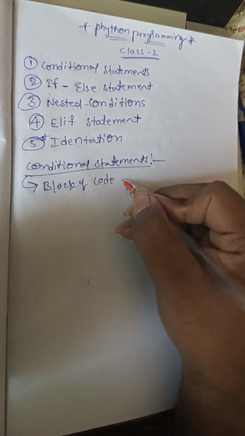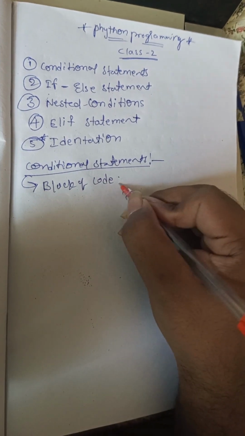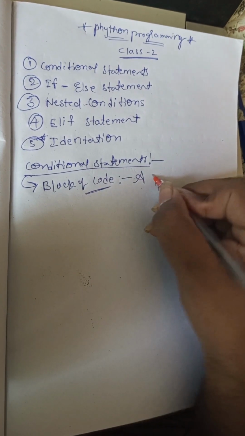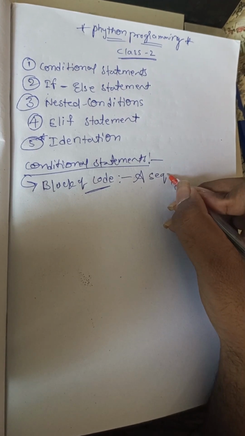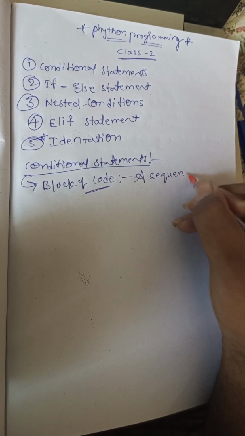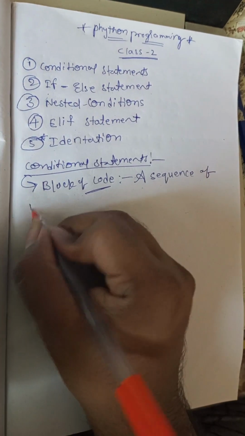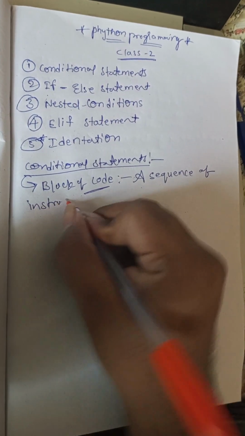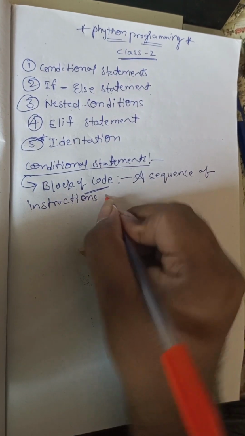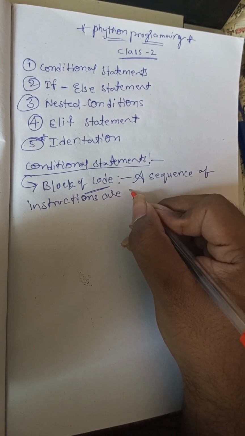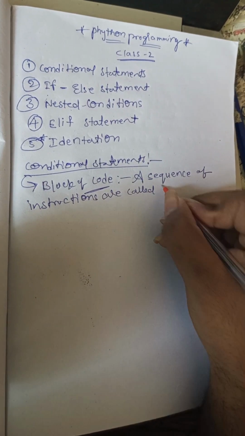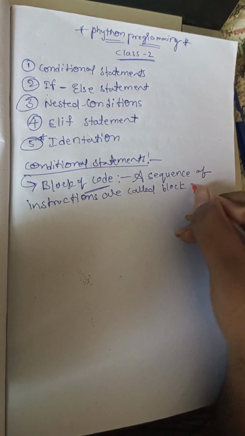A block of code, a sequence of instructions, are called block of code.